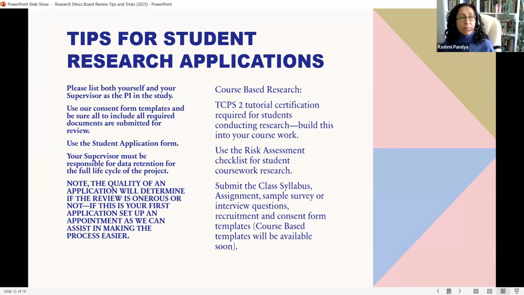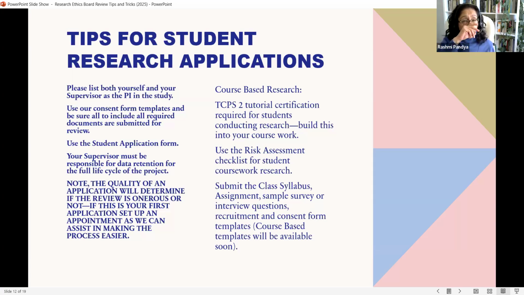Some tips for student research applications. Please, and this is now a requirement, we're actually going in and changing it. And this was actually from a lot of faculty coming back. Unfortunately on Converis, the ability of faculty to submit extensive comments upon review of a student application is limited. In the supervisor's role, you get a pop-up box and that's it. It's not a great way to leave comments.